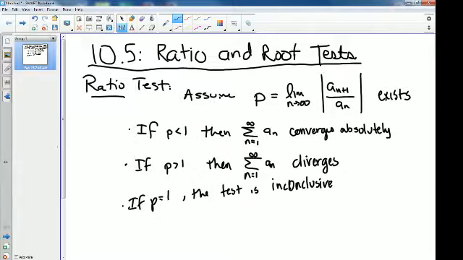If P is 1, you cannot use the ratio test at all. You have to use something else, a different test. Don't do nothing. Bummer. All that work and then nothing.